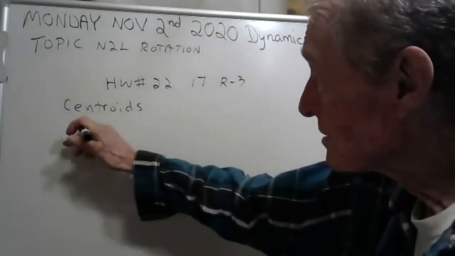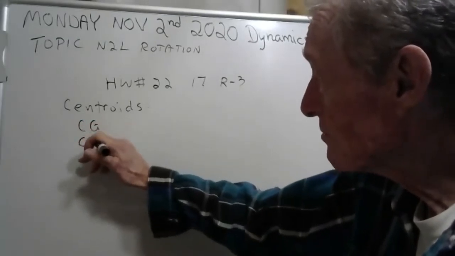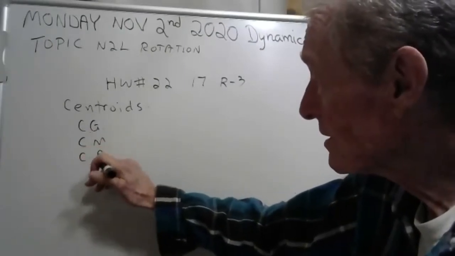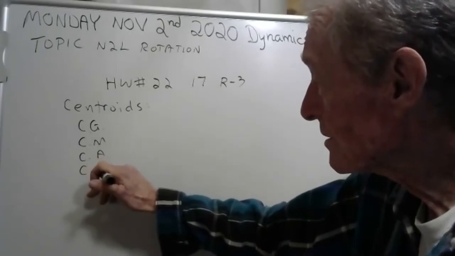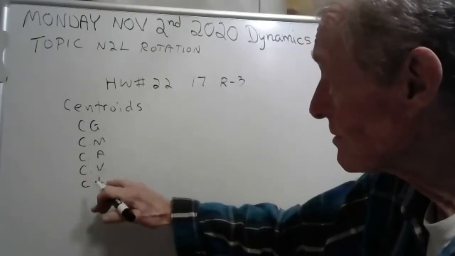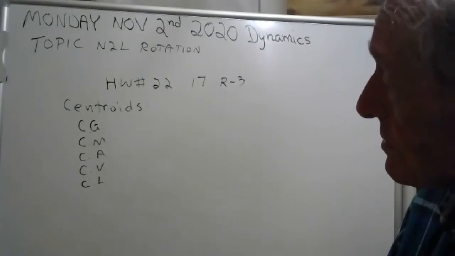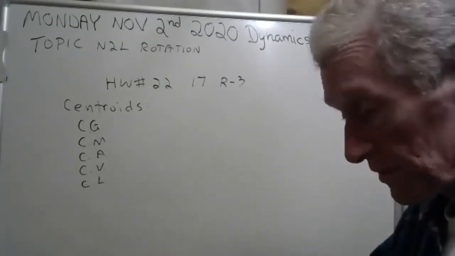There's a center of gravity, center of mass, center of area, center of volume, center of length. How's that? 5 different ones. Their formulas all look the same.